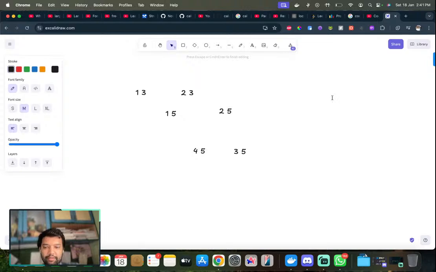So Q will have 1, 4. 2, 3, and 5 do come.